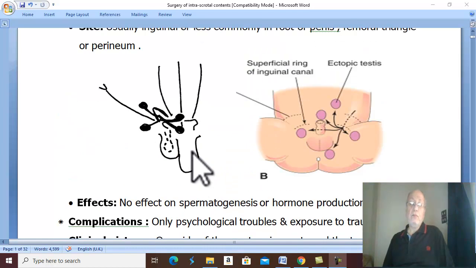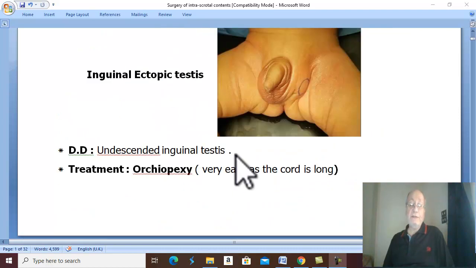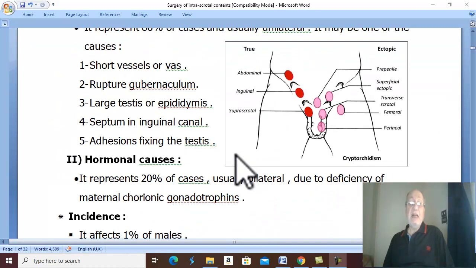Normally, the testis reaches the internal inguinal ring at about the 6th month of intrauterine fetal life, reaches the external ring at the 8th month, and reaches the bottom of the scrotum just before birth in the 9th month intrauterine.